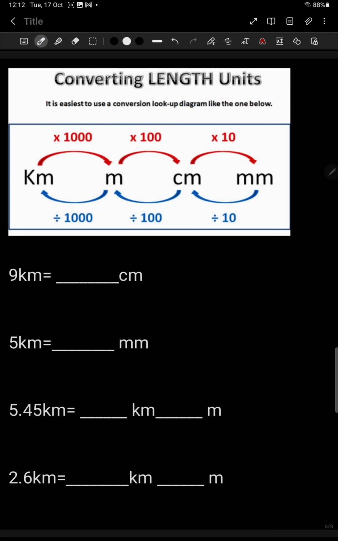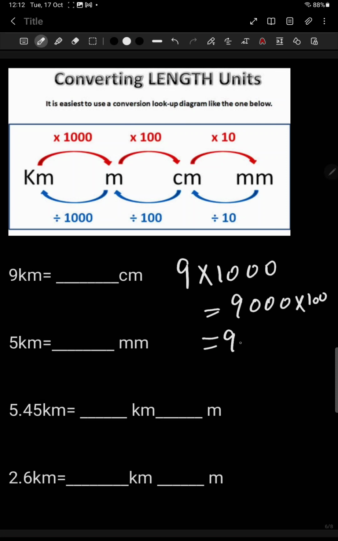So over here we will multiply our number first by 1000, so we will get 9000, and again we will multiply the answer by 100 to move into centimeter, because in the first step we fall into meter, then we will go into centimeter. So finally our answer will be 9 and zeros over here. So 1 2 3 over here is the comma, 900,000. So our answer will be 900,000 centimeter. In this way we have moved from kilometer to centimeter.